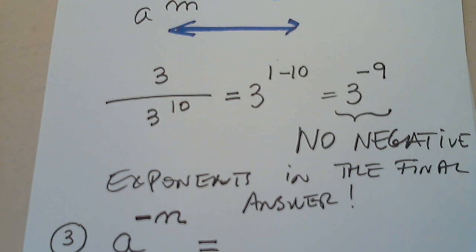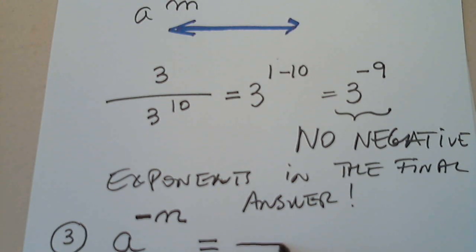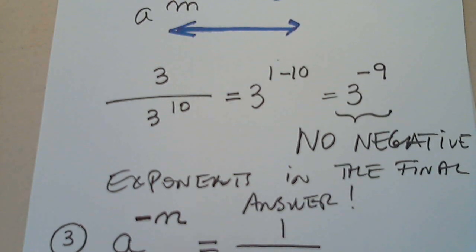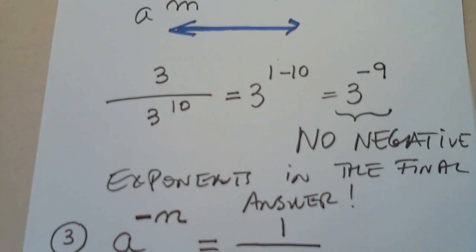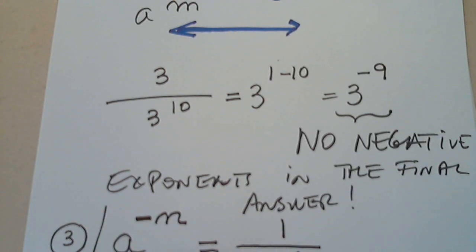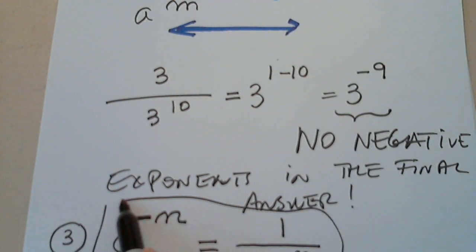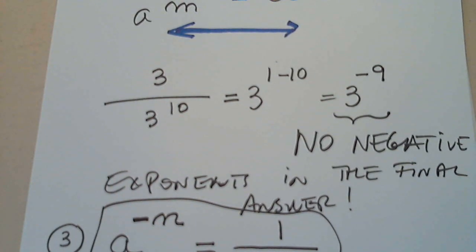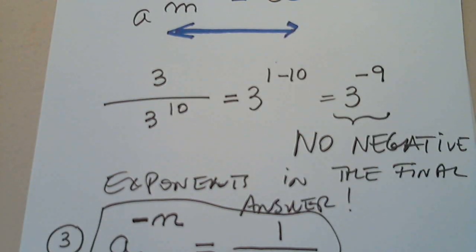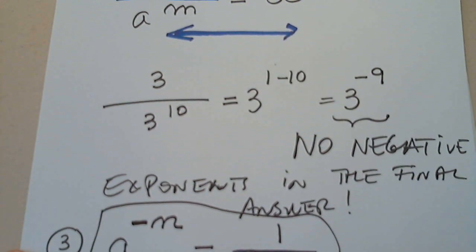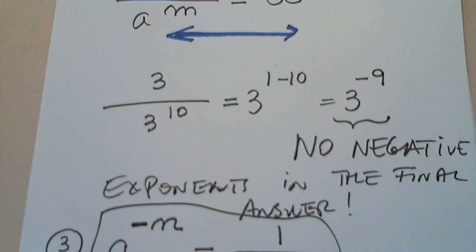They don't have any connection. So this is a fraction. The numerator is 1, and then we get this quantity in the denominator with a positive exponent. So this is another very important rule. It goes back and forth, from the right-hand side to the left-hand side, from the left-hand side to the right-hand side.